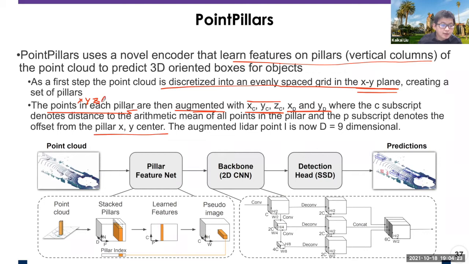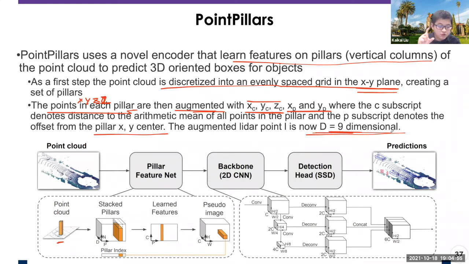X, Y, Z, intensity. Now the augmented point is X, Y, Z, intensity, and XP, YP, together with the offsets. Now together they have a 9-dimension feature. They have more features there. So this is the first step, getting the representation. Now D is a 9-dimensional feature.